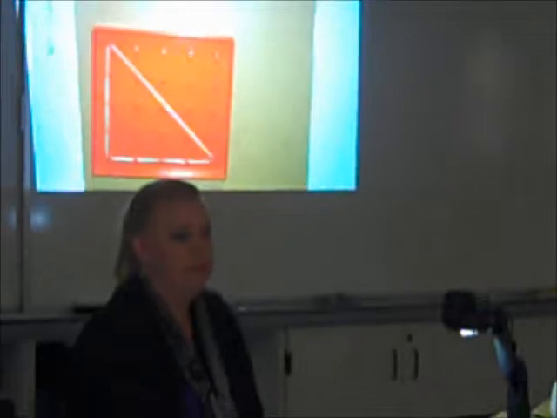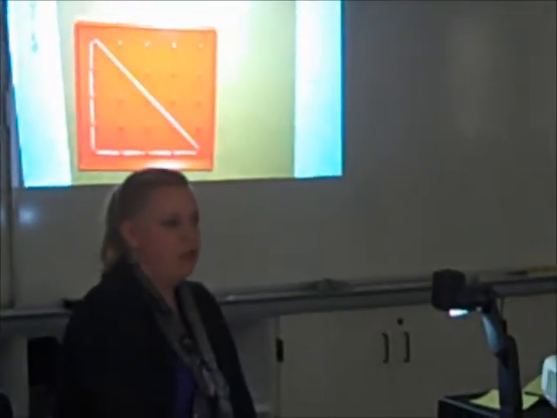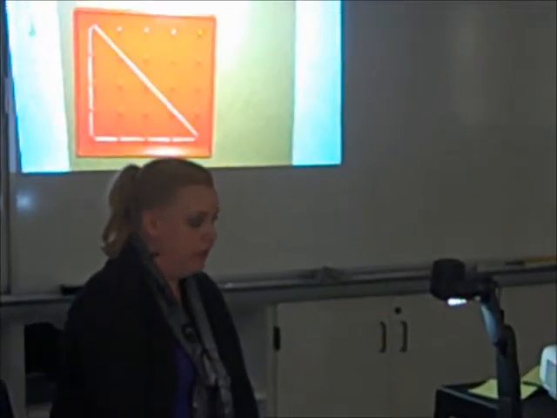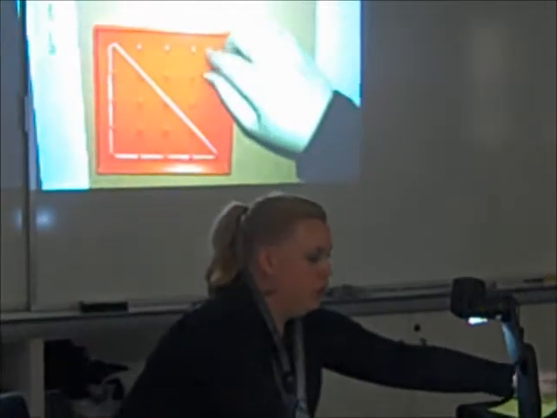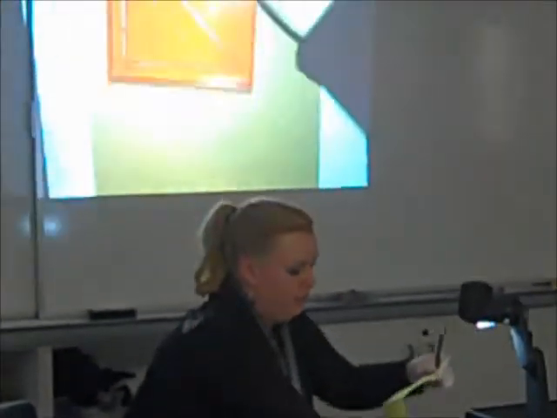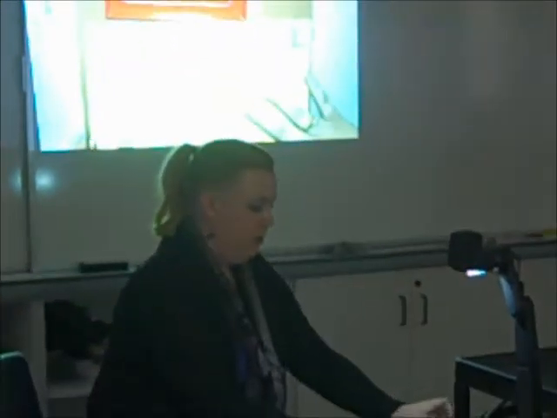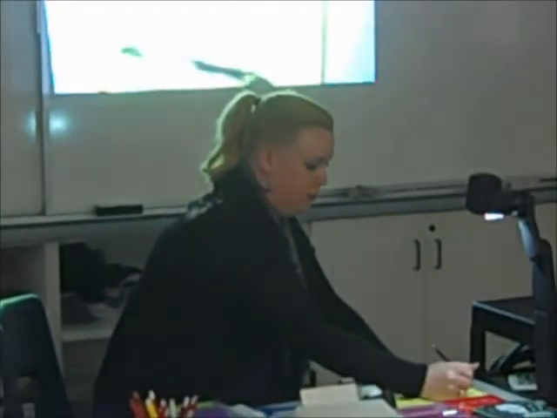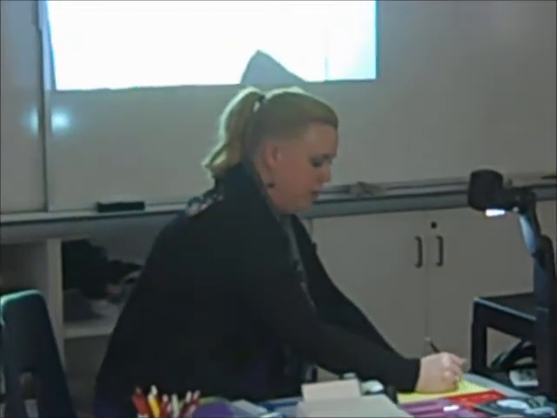Once you've made your triangle correctly, then you are going to use your paper that she's going to give you, and see how it's divided into three boxes? You're going to use a colored pencil to draw your right triangle, making sure that you have a 90-degree angle.